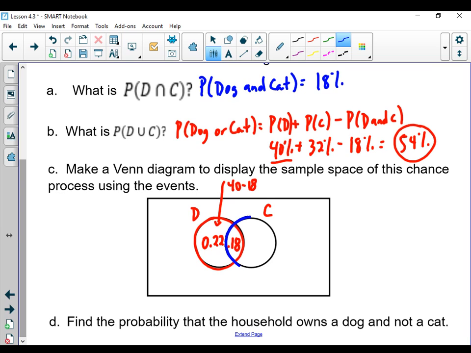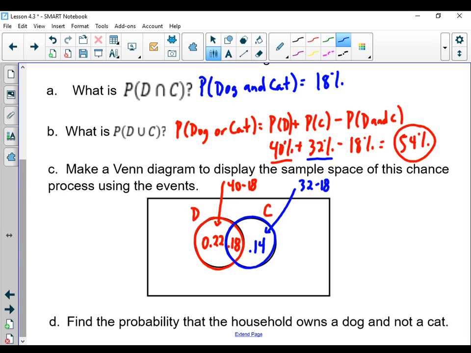Everything inside the cat circle should equal 32. Well, I've already got 18 of that. So inside the cat circle, I need a total of 32, which means I'm left with 0.14 here.